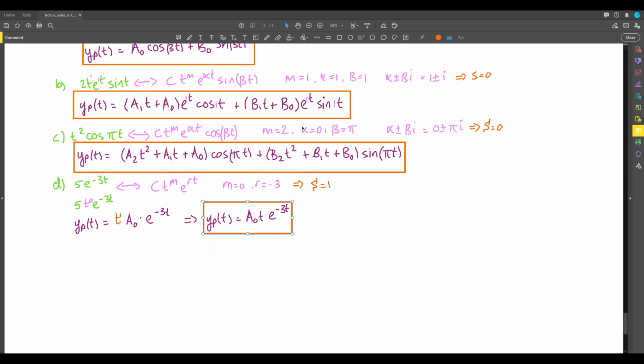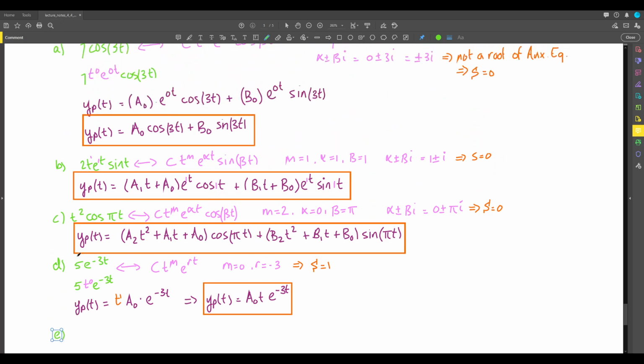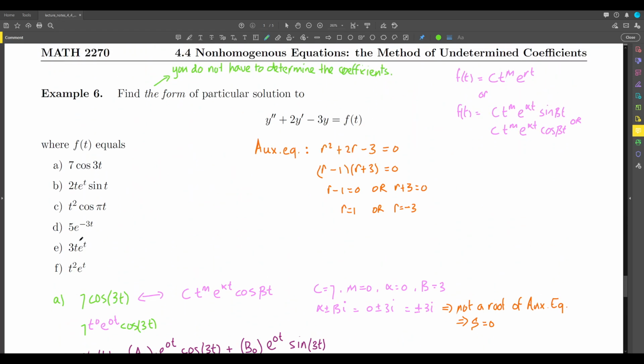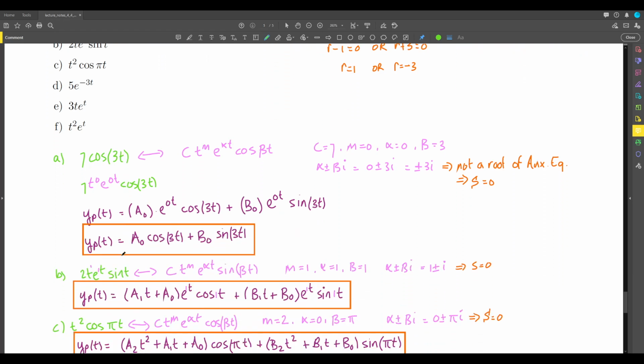Okay, let's finish up the last two ones. So part E, the right-hand side is 3t e to the power t, right? That's the right-hand side of our differential equation.